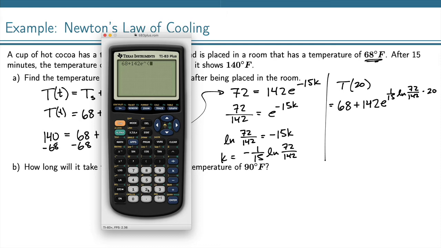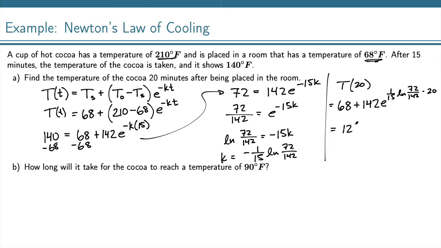I've got 1 over 15, and then we're multiplying that by the natural log, and it gives us parentheses there. 72 over 142. Close the parentheses, and then multiply that by the 20. Close parentheses, and we get 125.4.